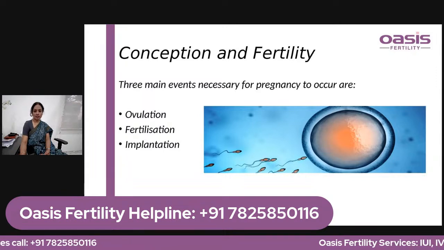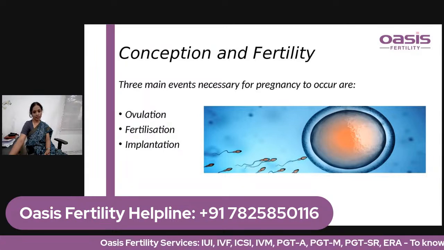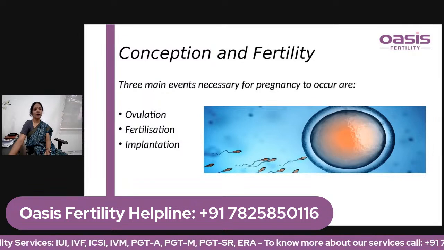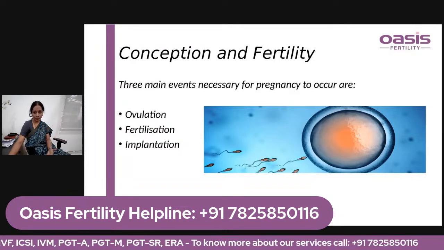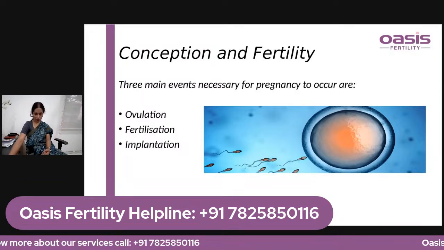To achieve a conception, there are three main events. These events are necessary for pregnancy to occur, and they have to occur at a particular time, sequentially. First, ovulation has to be proper.